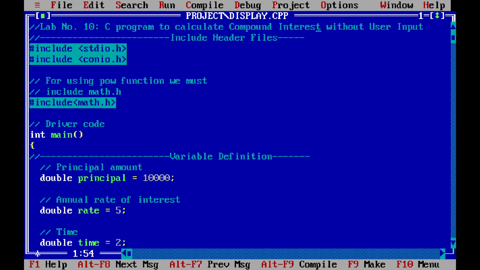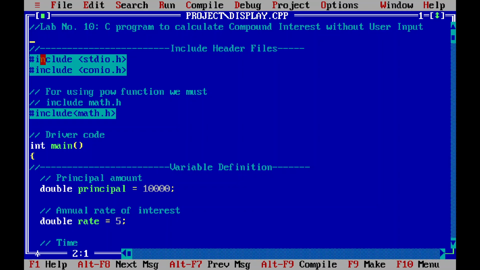The first one is include stdio.h, and the second one is conio.h, as I have explained earlier also. Stdio.h header file already defines the printf and scanf system defined functions, and we only need to pass the parameters, while conio.h is used for holding the screens and clearing the previous output of the data.